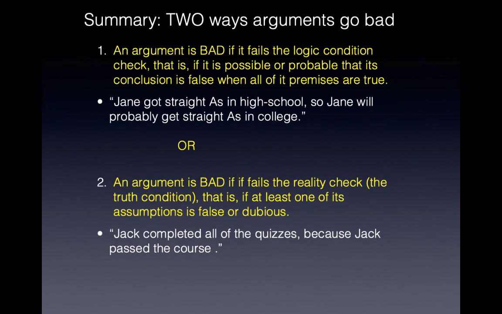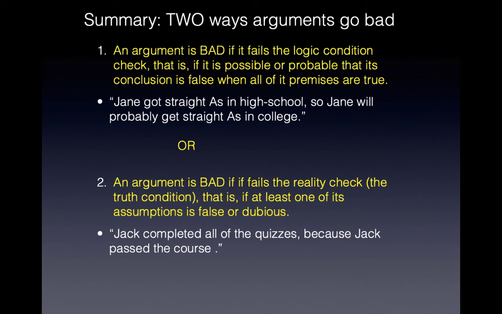Here is a summary then of everything thus far, the skills described, illustrated thus far. There are 2 ways arguments go bad. An argument is bad if it fails the logic condition check, that is, if it's possible or probable that its conclusion is false when all of its premises are true. For instance, Jane got straight A's in high school, so Jane will probably get straight A's in college.